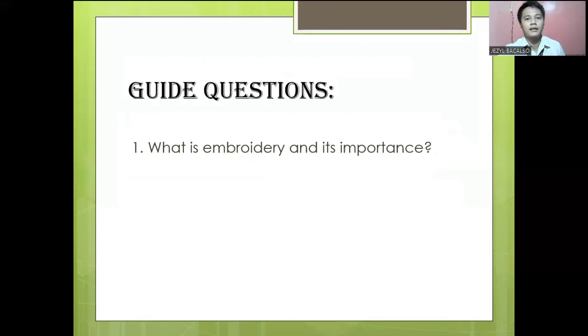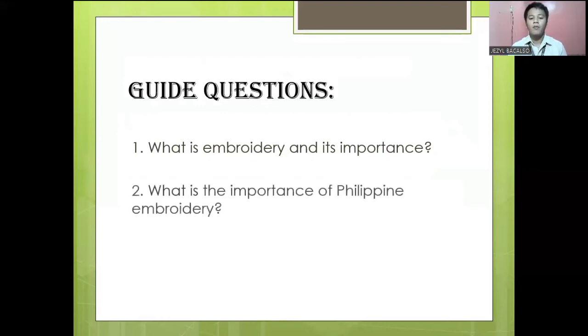The next question will be, what is the importance of Philippine embroidery? Anyone? Yes, Ms. Zafra. Very good.